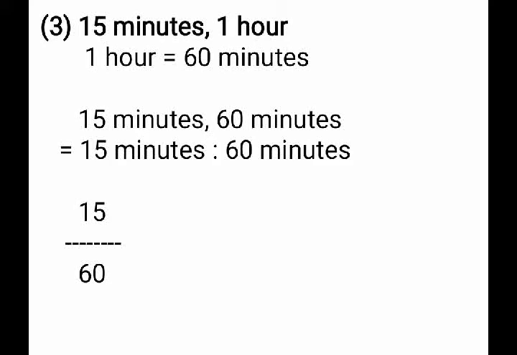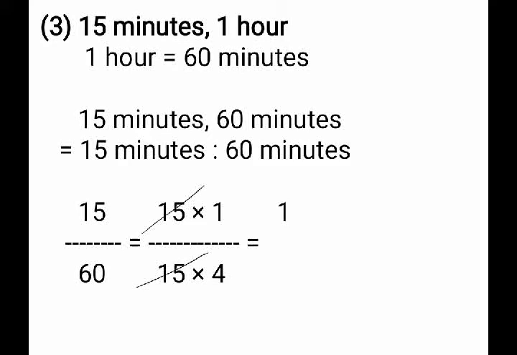Write the multiplication form of number 15. That is 15 ones are 15 upon 15 fours are 60. 15 get cancelled. So what will remain? 1 upon 4. The ratio form of 1 upon 4 is 1:4.